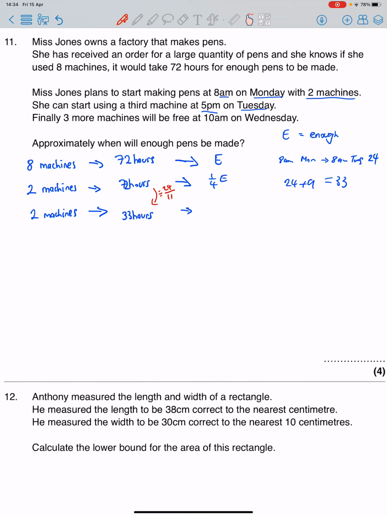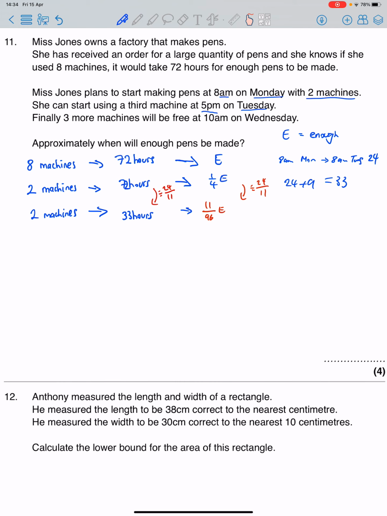If the amount of time decreases, then the output is also going to decrease. So a quarter, using our calculators, divided by that gives us 11 over 96. So 11 over 96, that fraction of enough.